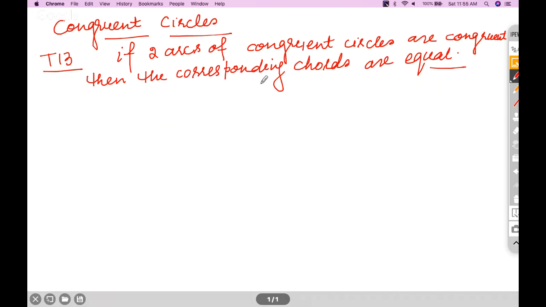So how do you prove it? I will prove it for you, don't worry about it.